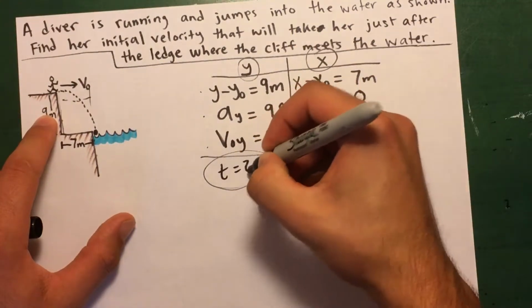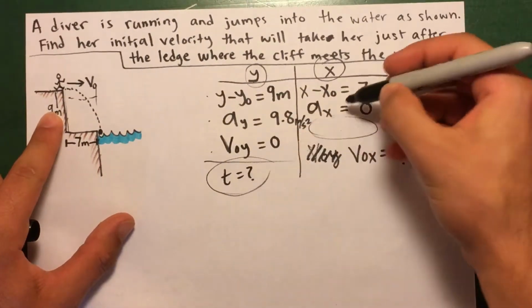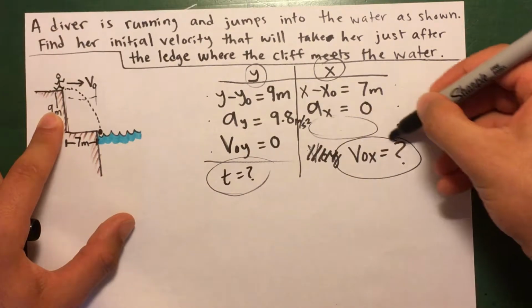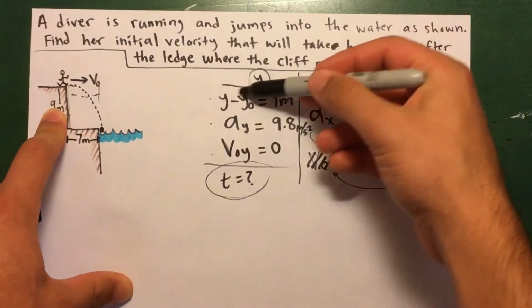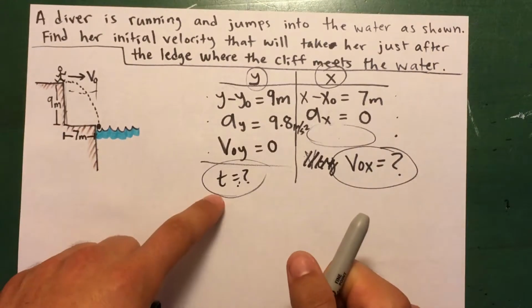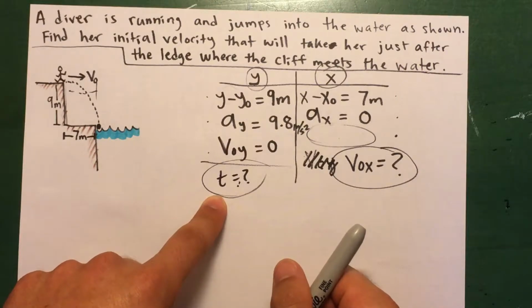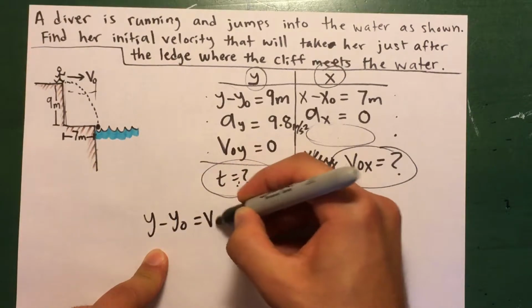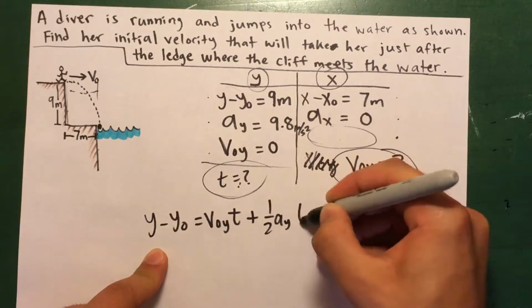So let's find time using the 3 knowns for y, and then use that in x. That way we'll have 3 knowns and can find our goal, the initial velocity in the x direction. The best equation for this is y minus y0 is equal to v0y times time plus a half ay t squared.